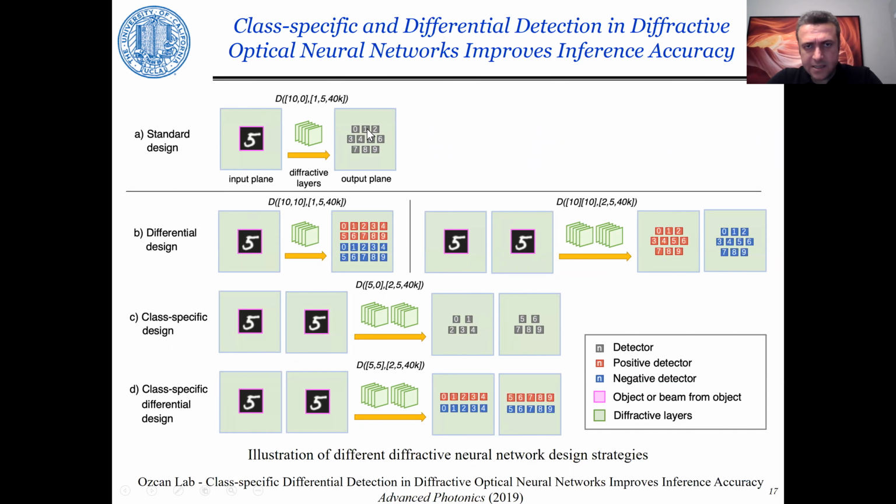Rather than assigning a single detector per data class, in this differential design strategy we assign two different detectors as a pair to a single data class. And we're looking at the differential signal. The network is penalized to maximize the differential signal, the signal difference between, for example, this positive and this negative detector assigned to data class 1, and so on and so forth.